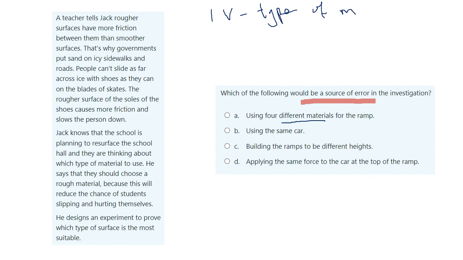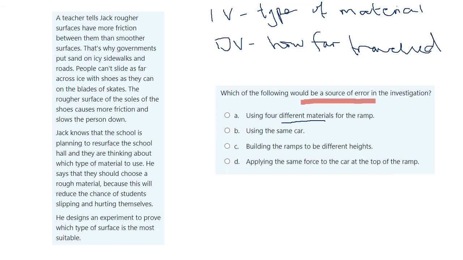So using 4 different materials is not bad because he's changing the independent variable 4 times. The dependent variable was, what do you think? It was how far the car traveled. So using 4 different materials is good.